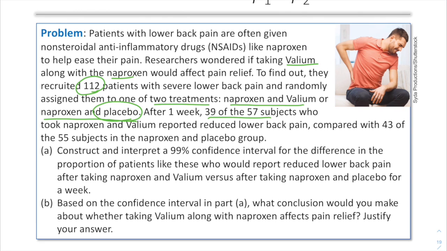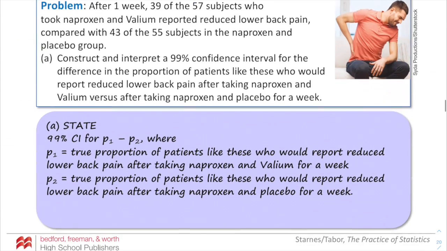So construct and interpret a 99% confidence interval for the difference in the proportion of patients like these who would report reduced lower back pain after taking both of them versus having the placebo. And then part B, based on the interval, what can you conclude? So 99% confidence interval for the difference P1 minus P2.